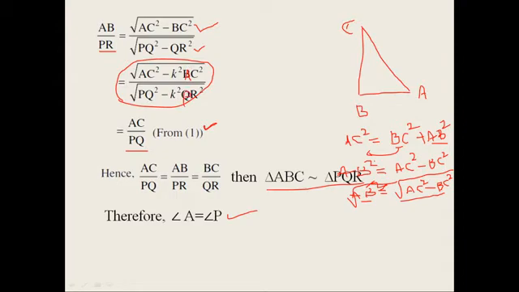Small mistake here. Now in this we take AC square common. If we take AC square common, we get 1 minus K square. By taking PQ square common, we get here 1 minus K square.